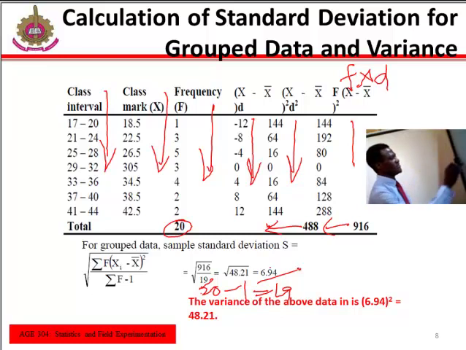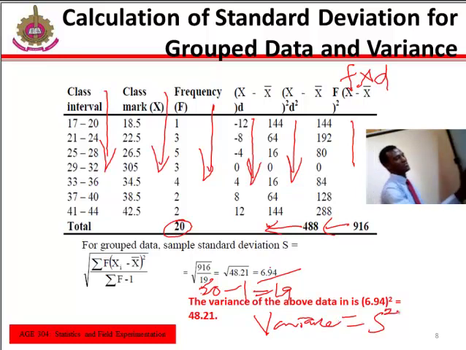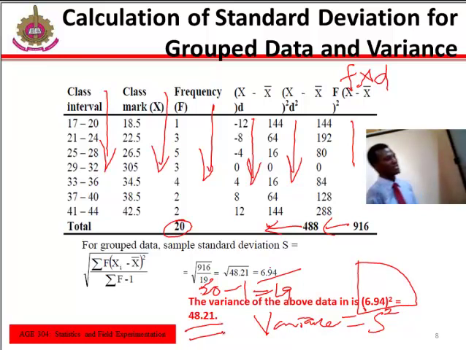Hence, the variance for this set of data is just the square of the standard deviation, that is variance equals s squared, which is equal to 6.9 squared, which is equal to 48.21.